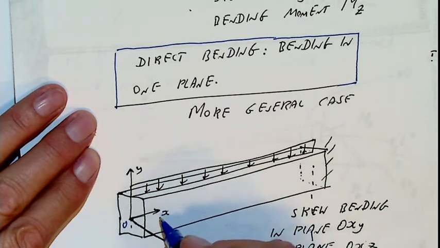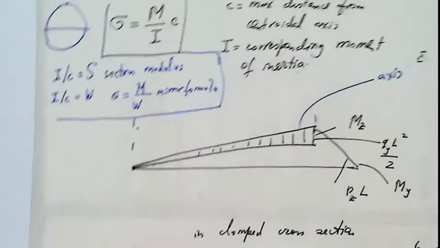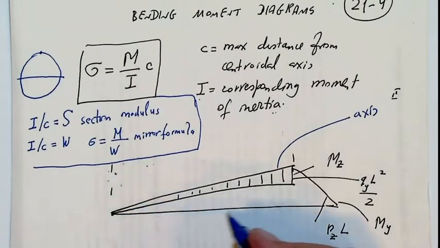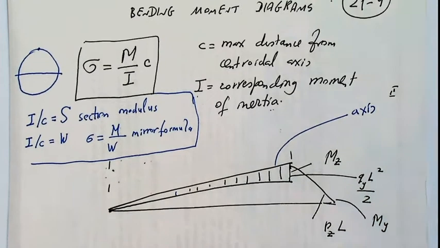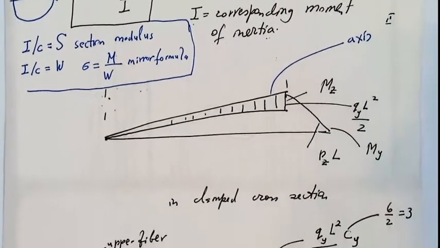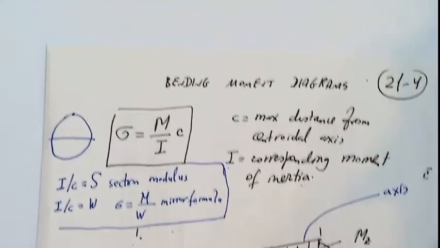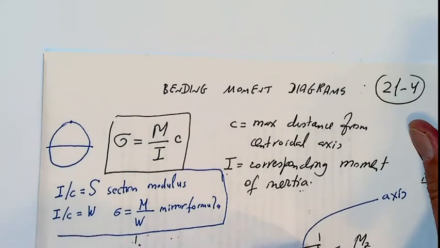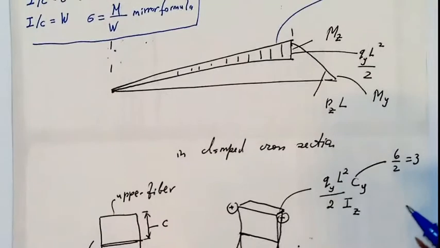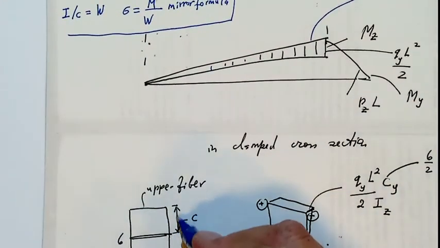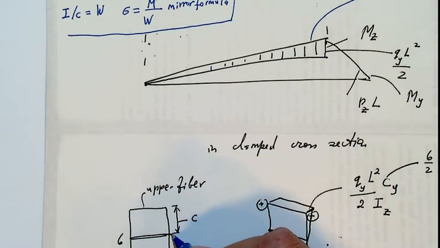So we should depict it in the OXZ plane, and that is this one, Pz times L. So two diagrams in one picture. Okay? Now, we have to use the analogous formula for each plane. So this is the biggest value, naturally, of the bending moment. Look, please. So, as I said, c is a distance from the neutral axis to the extreme fiber. That is a neutral axis.